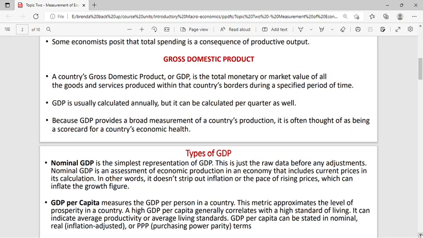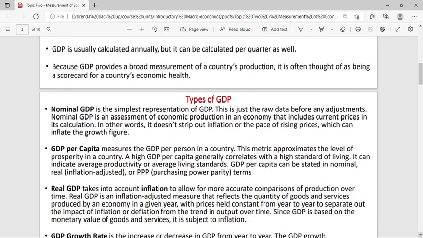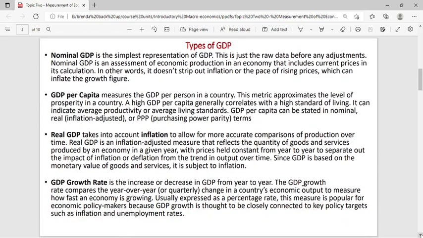We have different types of gross domestic product. The first is nominal gross domestic product, which is the simplest representation of GDP. And here we basically use raw data without any adjustments.